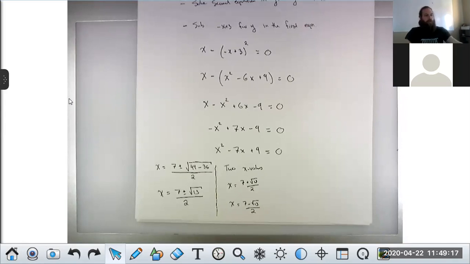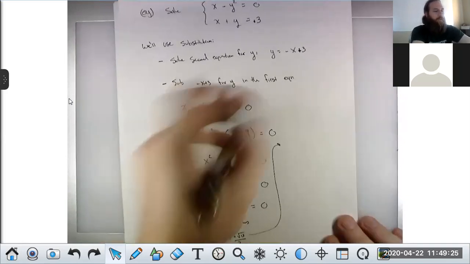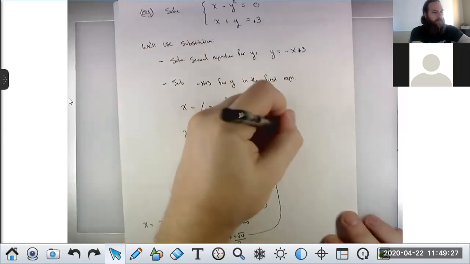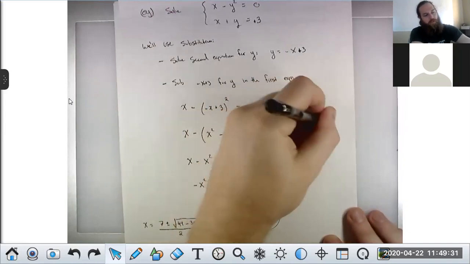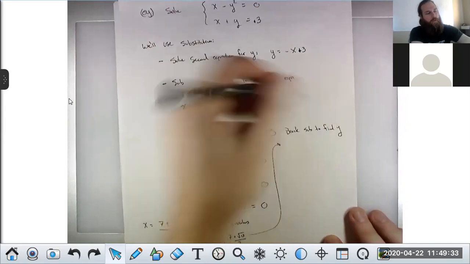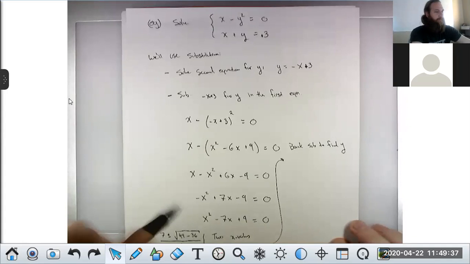There will be a point associated with this x value, and a point associated with this x value. So for one solution, I can now back sub this to find y.